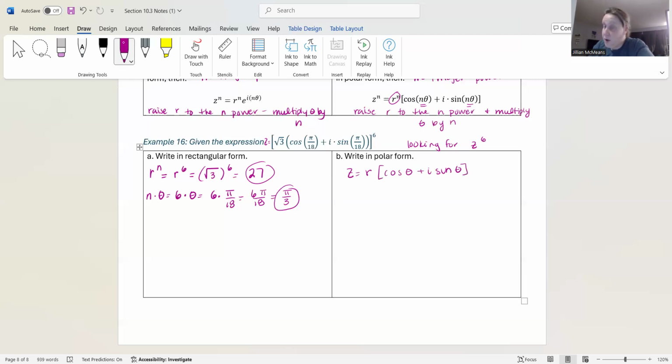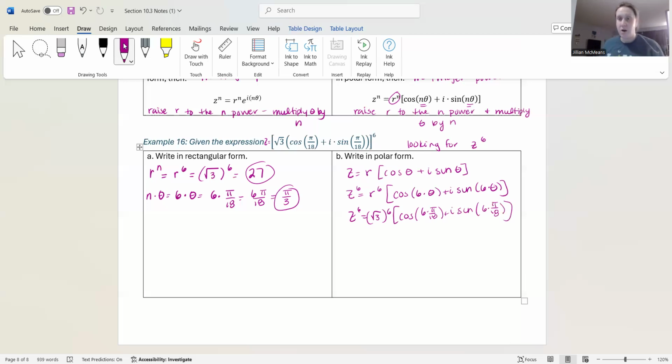And remember, we're looking for z to the sixth power, which is r to the sixth power times cosine of 6 times theta plus i times sine of 6 times theta, which is really root 3 to the sixth times cosine of 6 times pi over 18 plus i times sine of 6 times pi over 18.